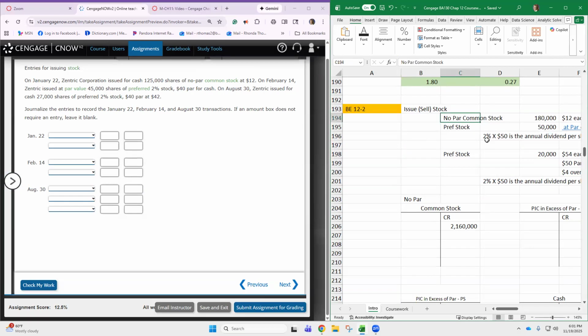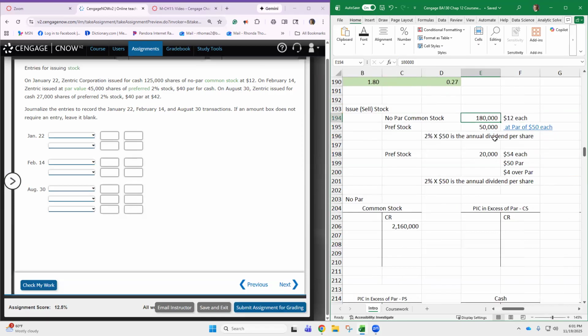All right. So I'm going to put this information down. Okay. How many shares of stock did we sell? 125,000. They are $12 a share. Preferred on February, and that happened on January 2nd. So we're going to make an entry here.